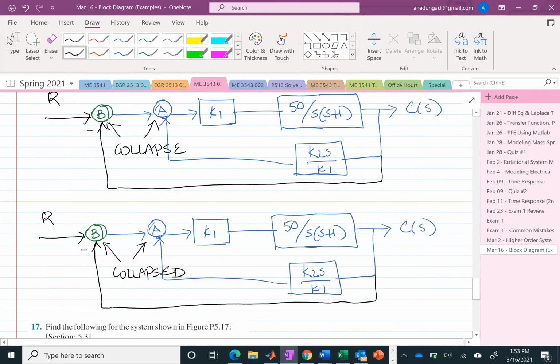They can be collapsed. So A and B can be collapsed because the output of B is going directly into A. There's nothing happening between A and B. So A and B can be collapsed. And if you did that, then B goes away basically, and the feedback goes into there.